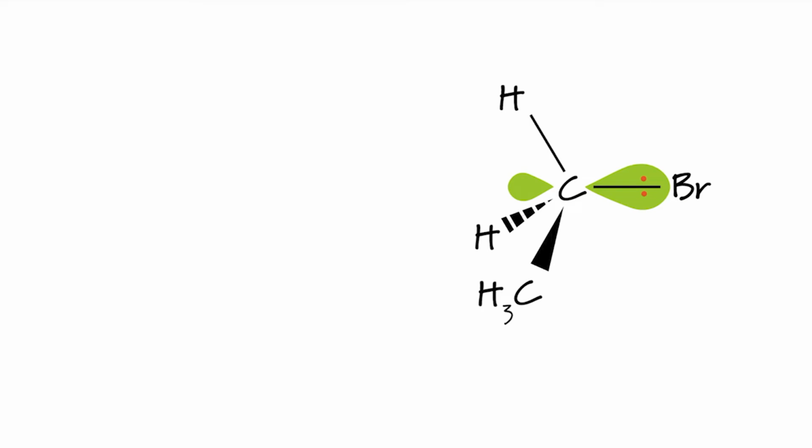There's a very simple reason as to why our nucleophile attacks the delta positive carbon from the opposite side to where the halogen is. It's simply because this incoming pair of electrons is going to be donated into an empty molecular orbital on the carbon.